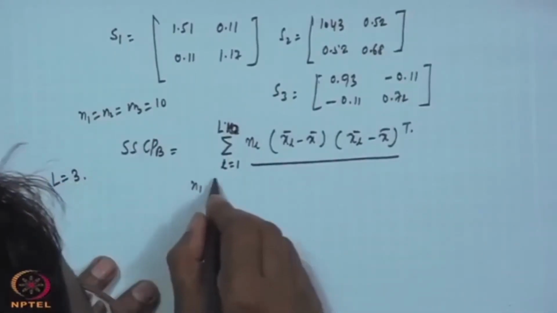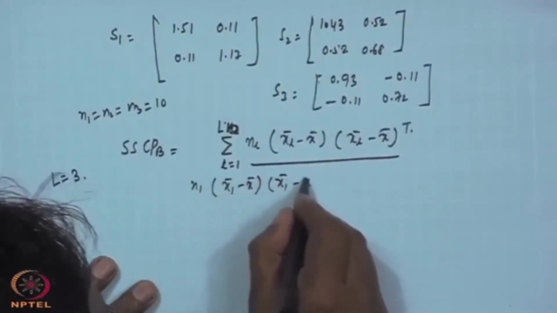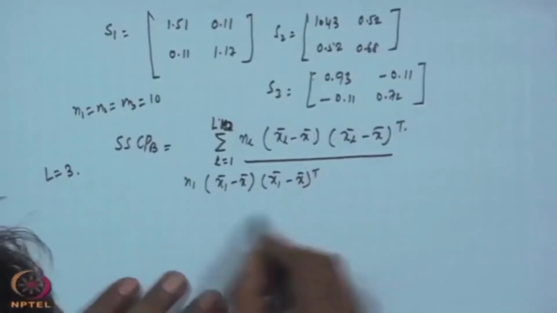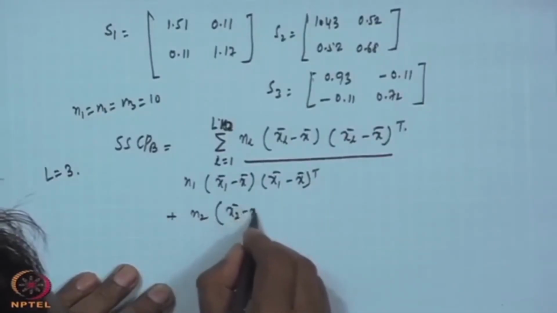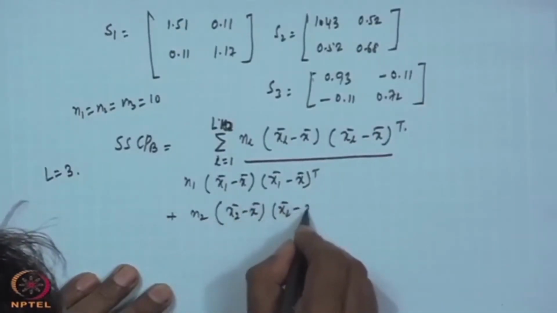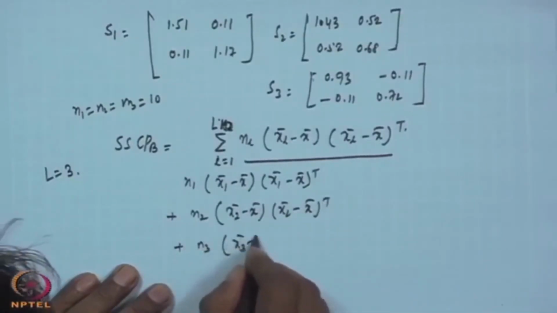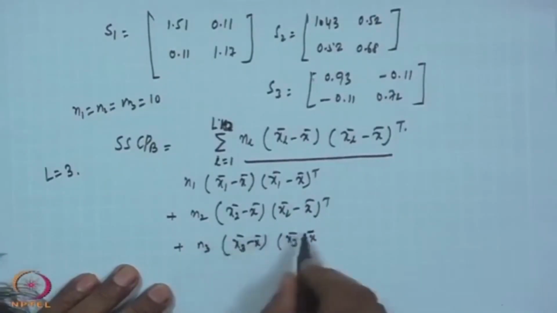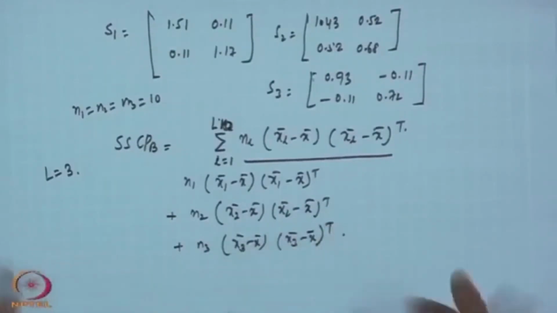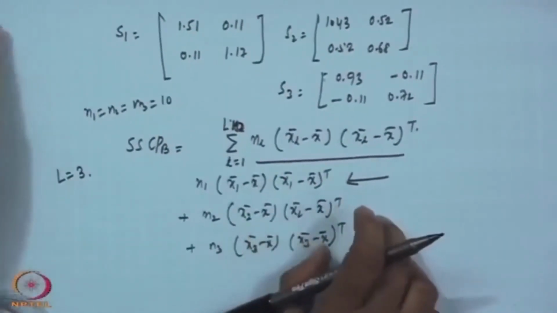First one is n1 (x1 bar minus x bar)(x1 bar minus x bar) transpose plus n2 (x2 bar minus x bar)(x2 bar minus x bar) transpose plus n3 (x3 bar minus x bar)(x3 bar minus x bar) transpose. I will show you one calculation, first one, and then similarly others also will be computed.